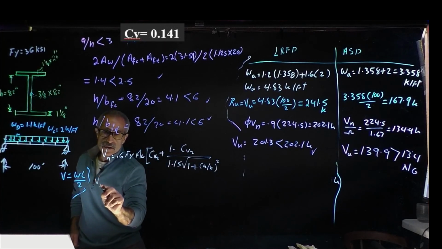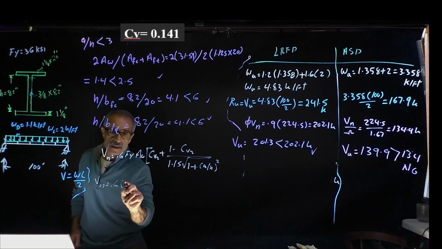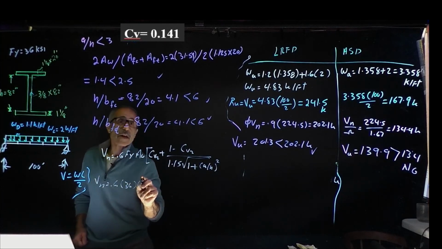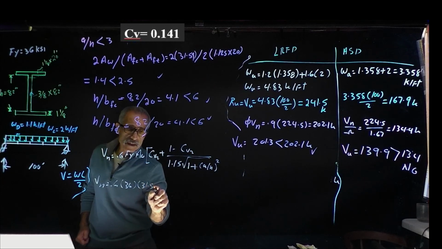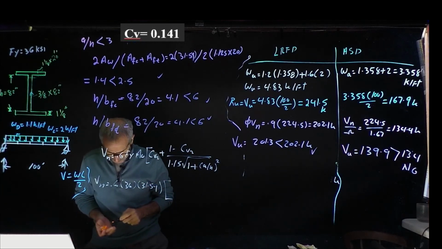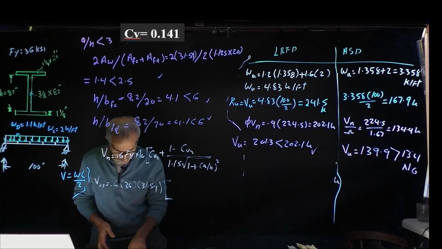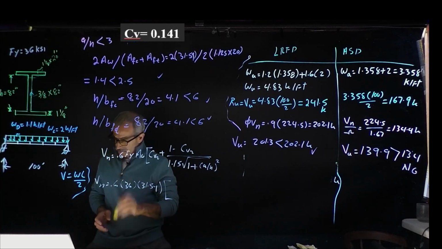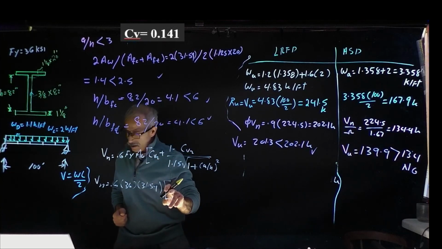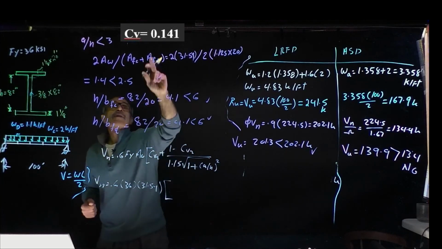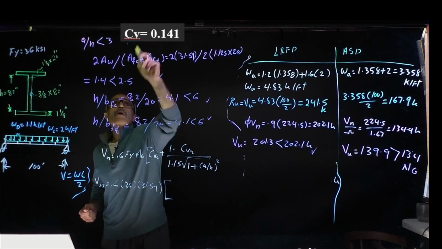So Vn is equal to 0.6 times 36 times 31.59 times CV2. I think that's wrong, that's 0.141.